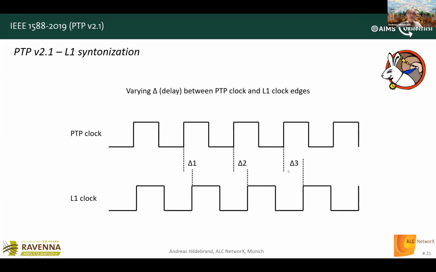That results in minor deviations when it comes to timestamping in relation to forwarding the actual message, because the forwarding of messages happens with the L1 clock, but the timestamping happens with the PTP clock. And as you can see, there is a gap which is not static. That inhibits a decent accuracy when it comes to the nanosecond or sub-nanosecond range.